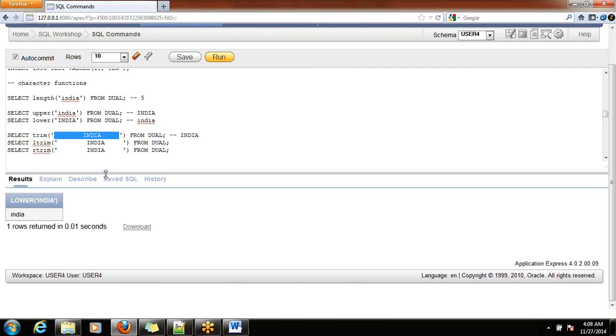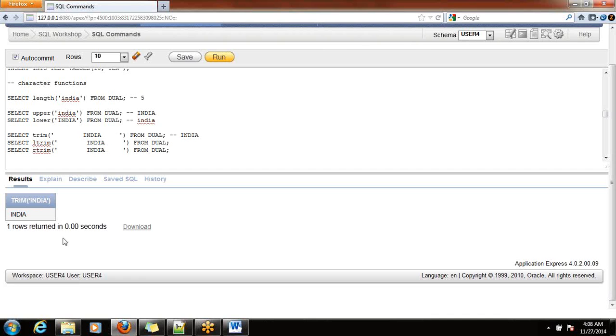Along with that, there are spaces at the beginning, left side and right side. I deliberately gave spaces over there to show you that trim would remove those spaces. Here is the result: left spaces are removed, and even right side spaces are removed. But as the browser is transparent, these spaces cannot be seen.